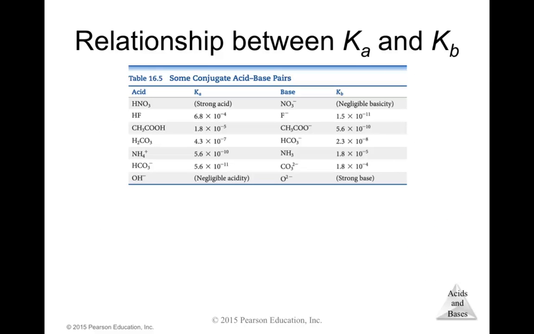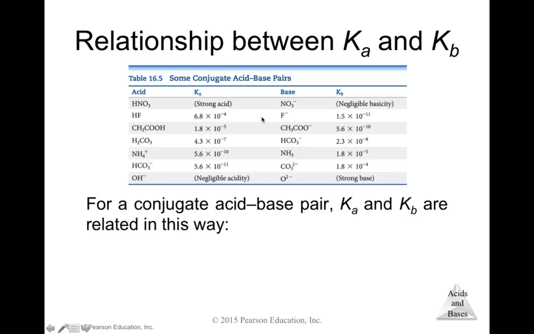The relationship between Ka and Kb: here we have some conjugate acid-base pairs. And for a conjugate acid-base pair, Ka and Kb are related in this way: Ka times Kb is equal to Kw. So if we have one of these, we can calculate the other one, because the value for Kw is 1.0 times 10 to the minus 14.